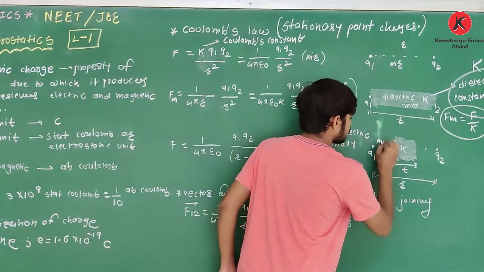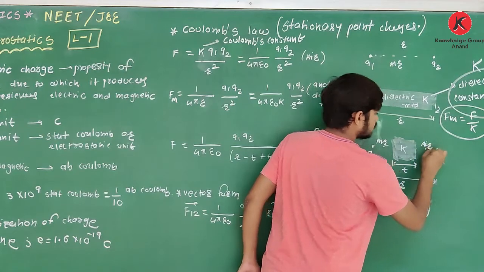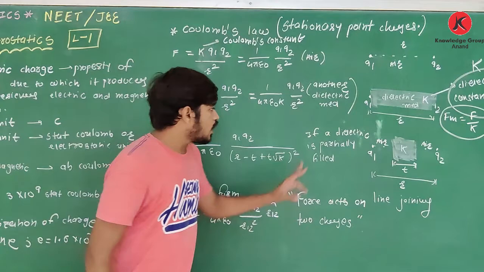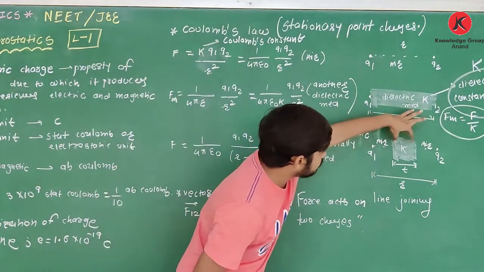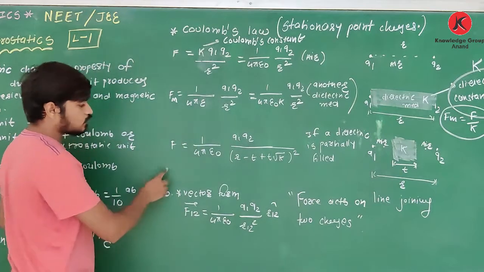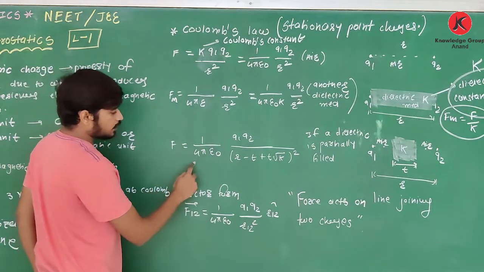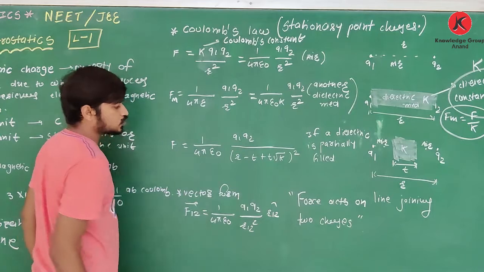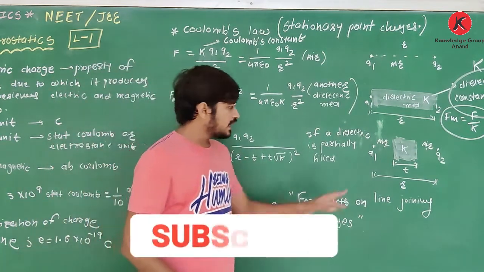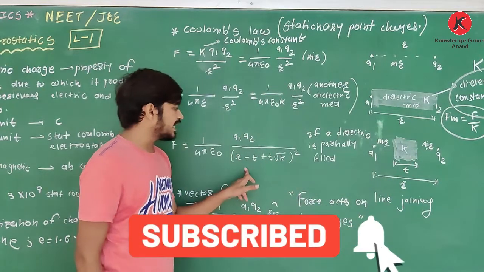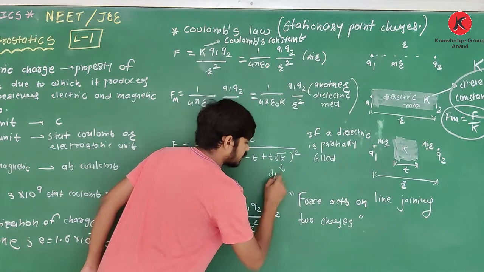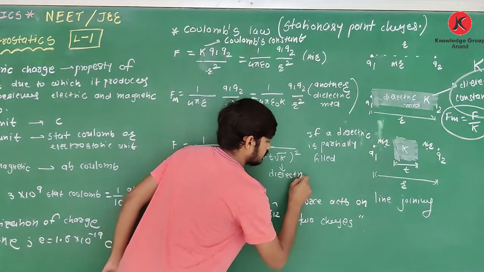For this condition, with the dielectric of thickness t and distance between two charges r, the equation is F is equal to 1 upon 4 pi epsilon 0 Q1 Q2 upon (r minus t plus t root K) whole square, where K is the dielectric constant.